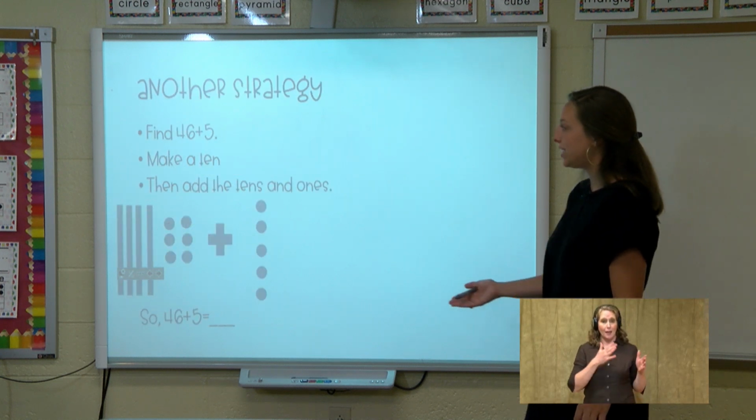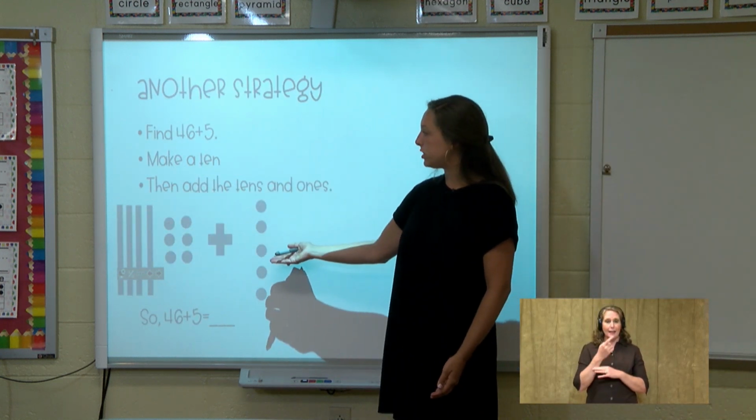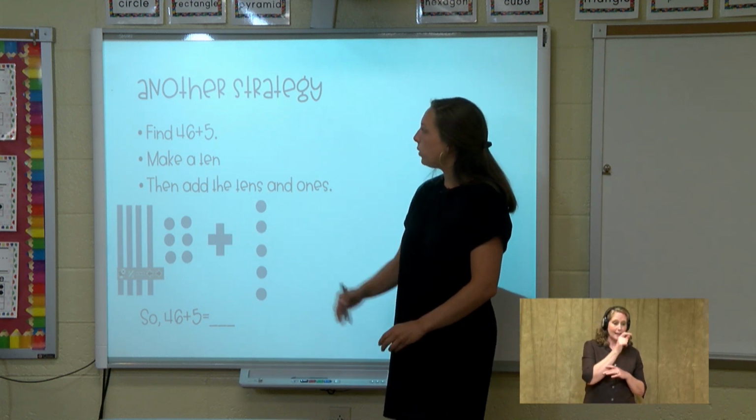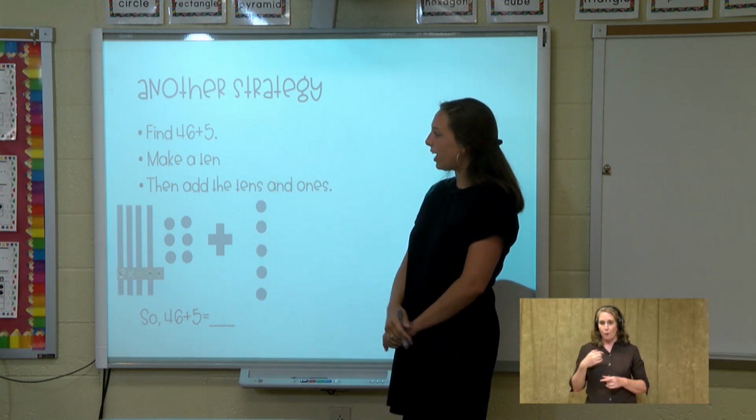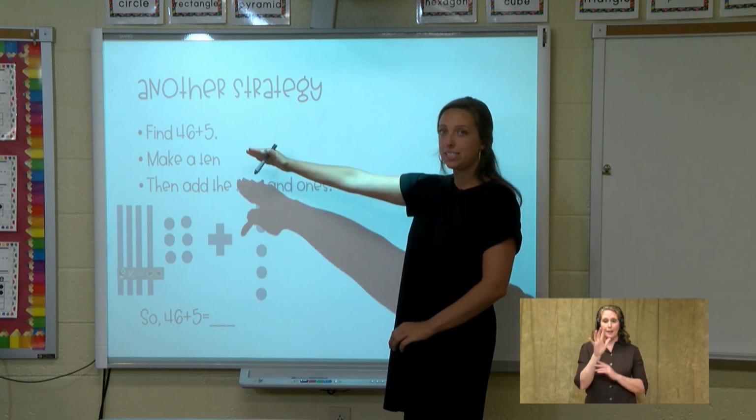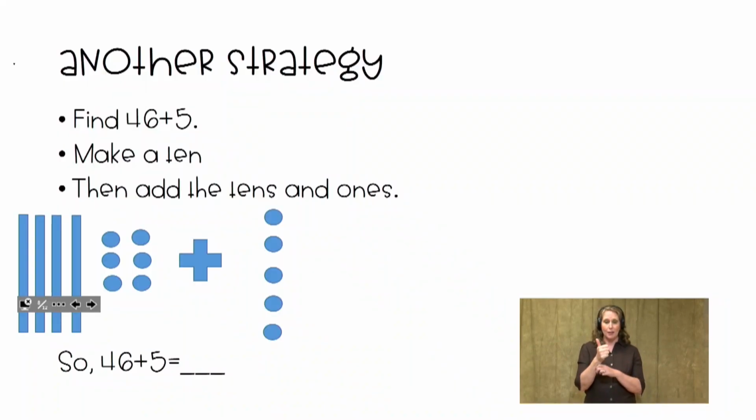Another strategy to look at it, like I said, was using your tens and ones. We have 46 plus 5. It says to make a 10 with our cubes and then add our tens and ones together. So first thing, we have 46 plus 5. Let's make a 10. Let's count our ones to see if we can add one more rod.